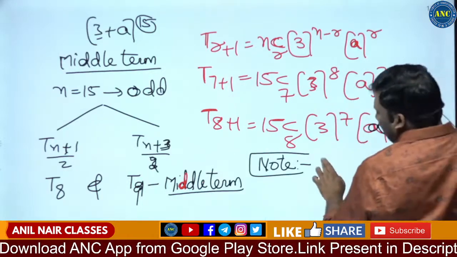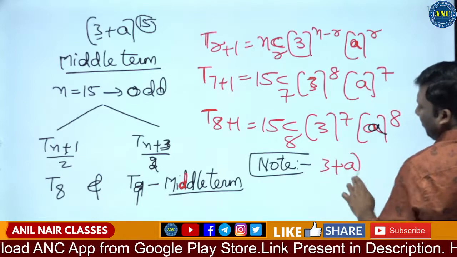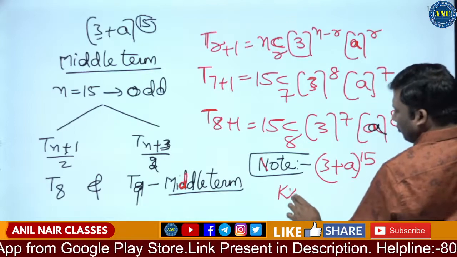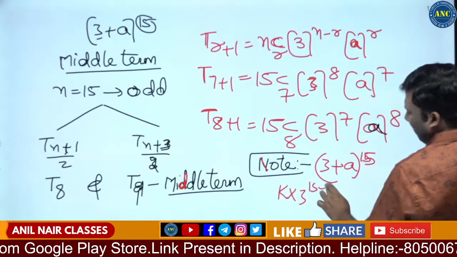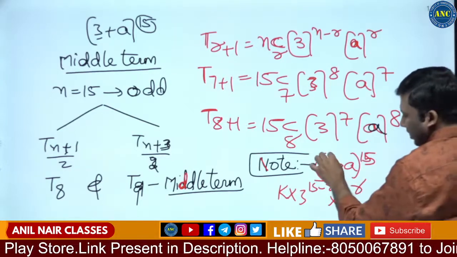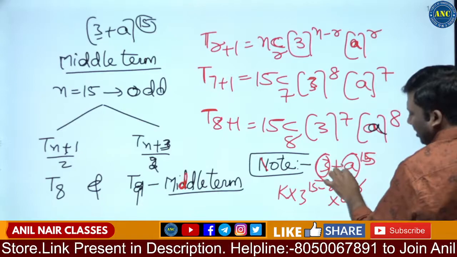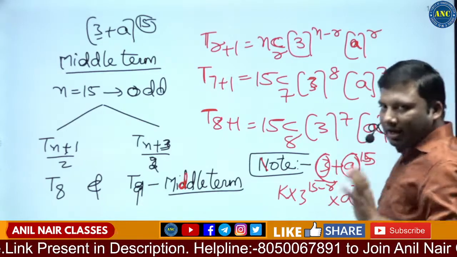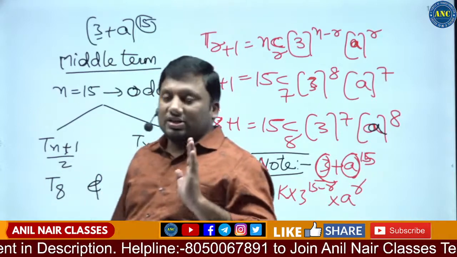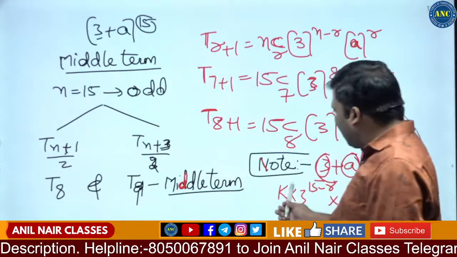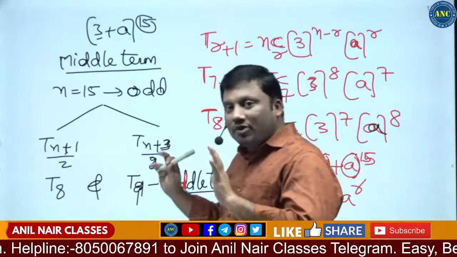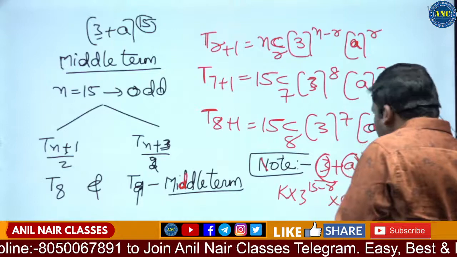If it is 3 plus A power 15, some constant K will be there, K into 3 power 15 minus R and A power R. The first term gives 15 minus R. The second term gives the remaining R. Just write this down in your notebook. We will use this concept to solve a problem. K is nothing but NCR, whatever value we get. First problem with example. I hope it is clear. Second one.